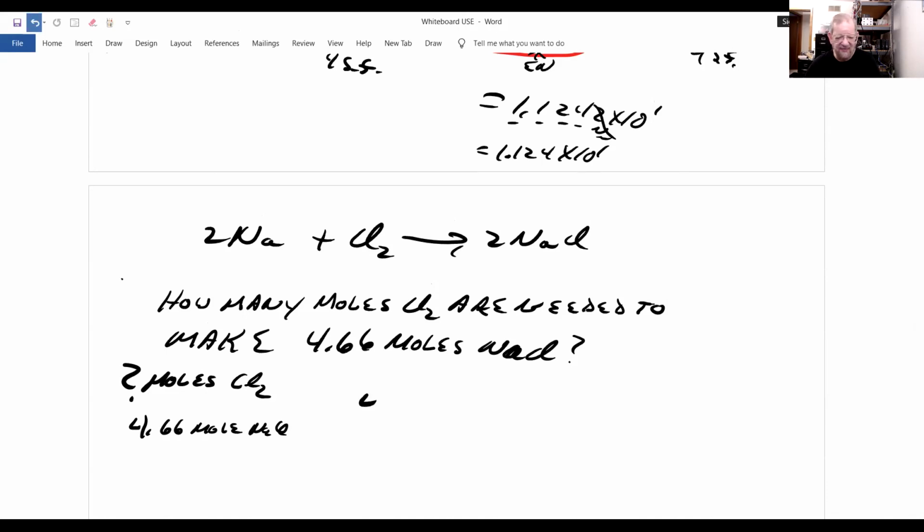The only thing we have to work with is this. So I will set up a ratio. What units do I want my answer to be? Moles of chlorine.